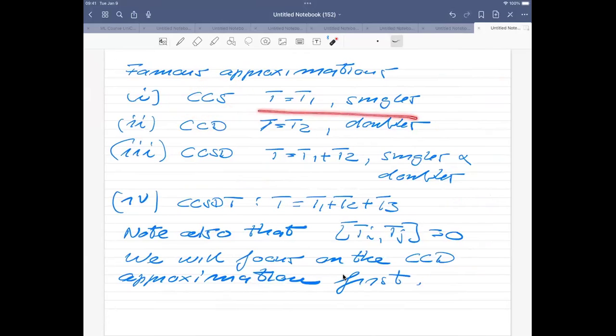And today we will focus more on what is called the doubles, or just the CCD approach, which means that we simply look at the excitations of two particle, two hole states. Then we can also include singles and doubles, and this is one of the standard approaches in coupled cluster theory. And finally, we can also now add triples, or we can add quadruples, etc. But the equations become more and more involved as we add more and more terms.